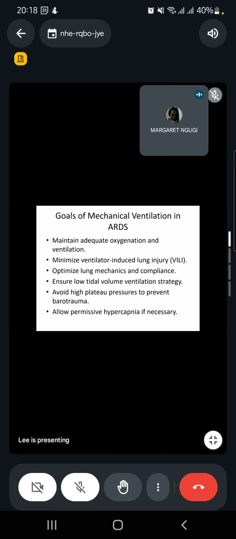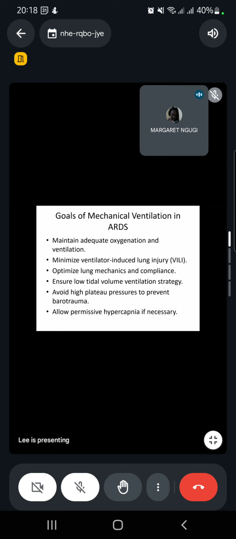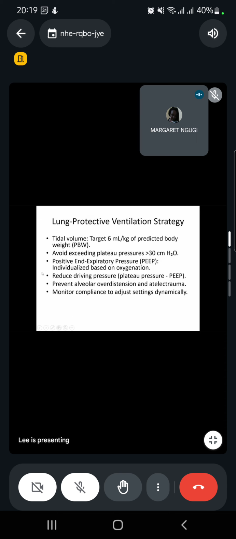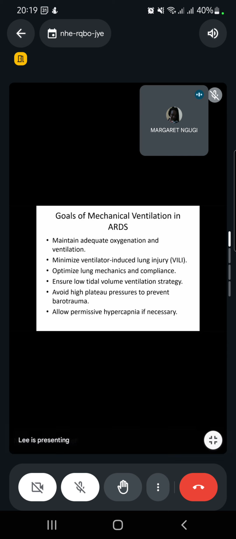Our goals of management for mechanical ventilation in ARDS are to reduce or reverse hypoxemia and to reduce the work of breathing. That is in summary. When you're managing this patient, you want to maintain adequate oxygenation. You want to minimize ventilator-induced lung injury because, in my study, they said that pressure ventilation is not physiologic.